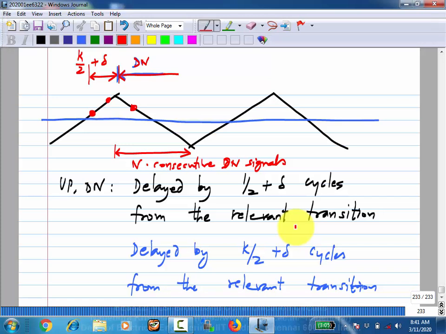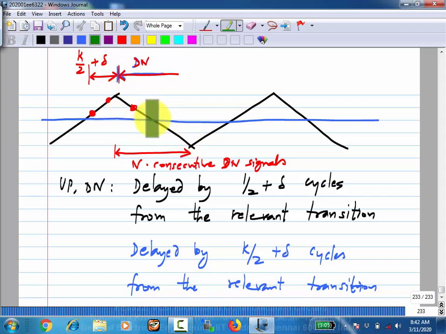So what next? Yeah, K by 2 plus delta cycles before, yeah, correct. So what can you say about the half period here? So first of all, this has to be an integer, right? This whole thing has to be an integer, okay.